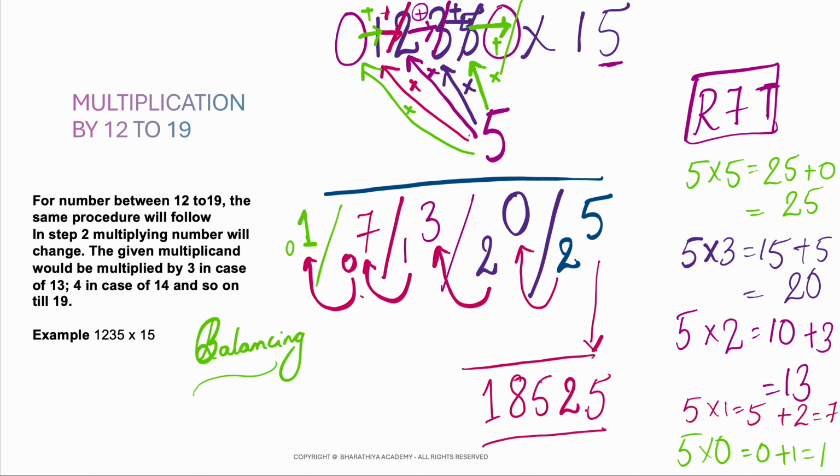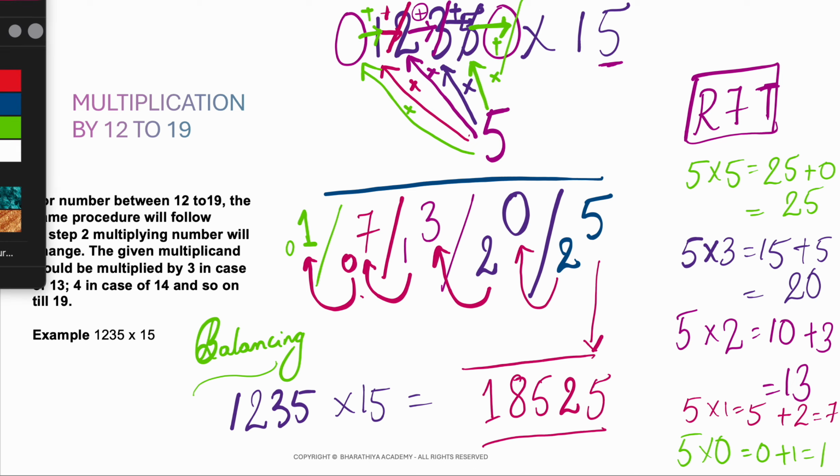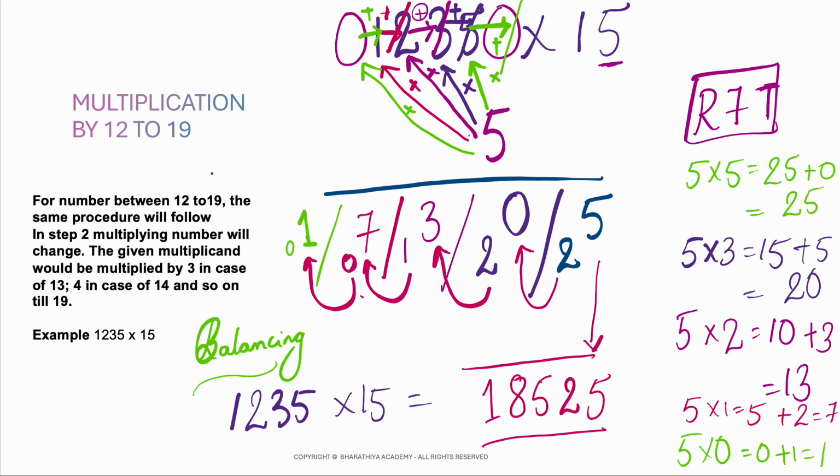Perfect. So the answer for 1, 2, 3, 5 into 15 is 18525. Okay, so that's it. I hope it is clear. 185, 2 and 5.